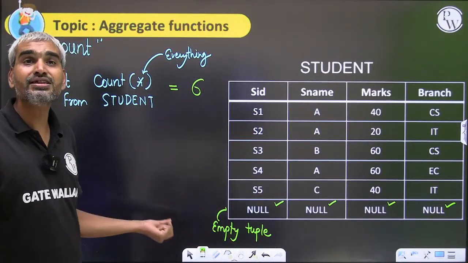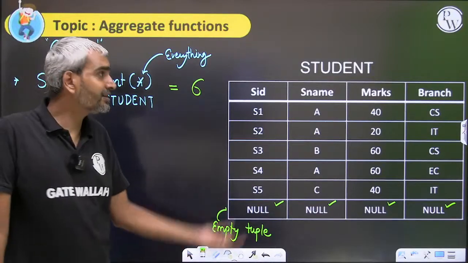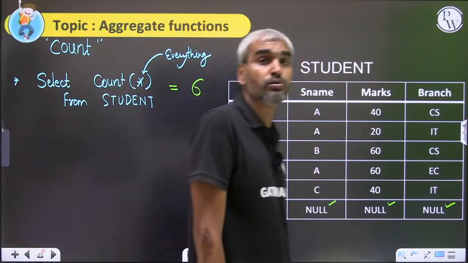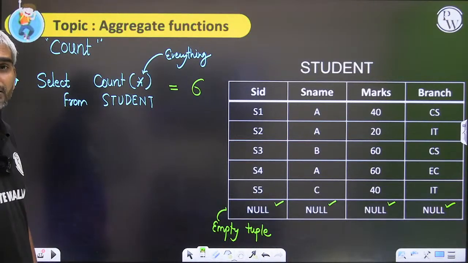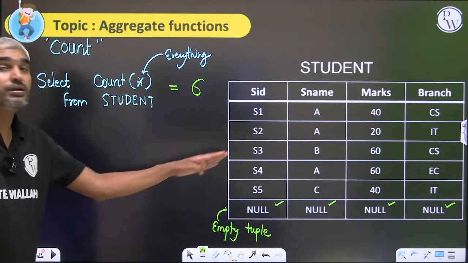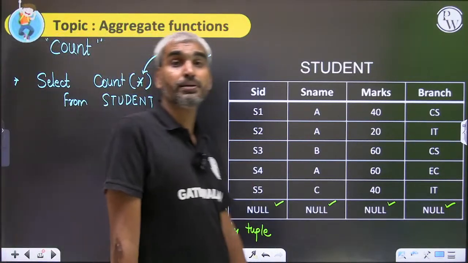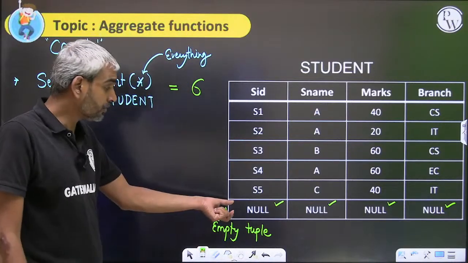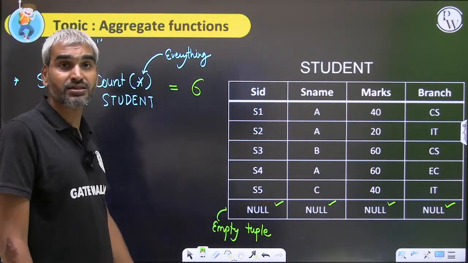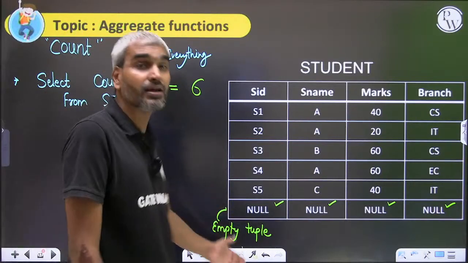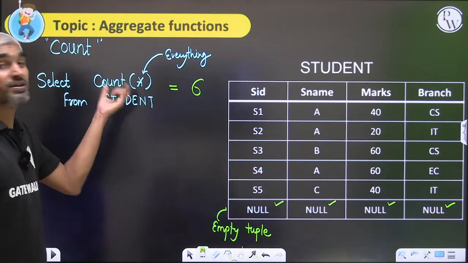It will only check how many rows are there in the table student. Some of the rows may be empty rows. But if you define a tuple which has all the values as null, then it will also be counted while you use the operation count asterisk.